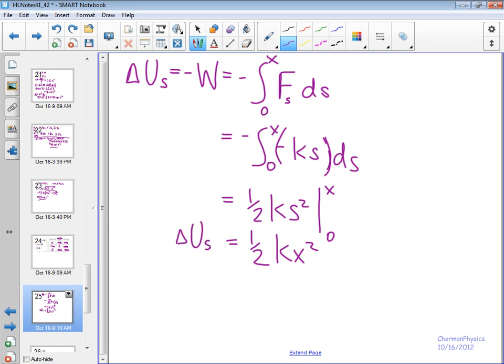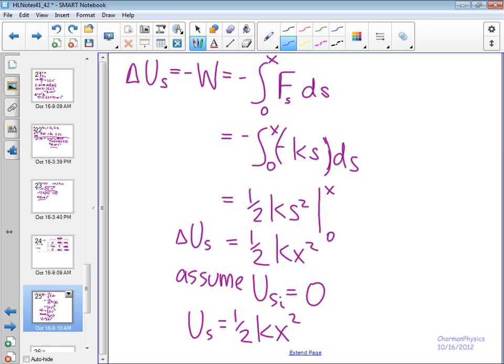So we're just going to take the stored potential energy in the spring to be 1/2 k x squared. If you didn't understand how I did that, that's okay. This is just showing you how we get here. All you need to know is that this is the formula for the potential energy stored in a spring.